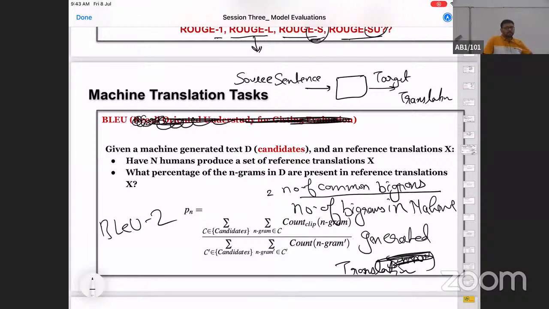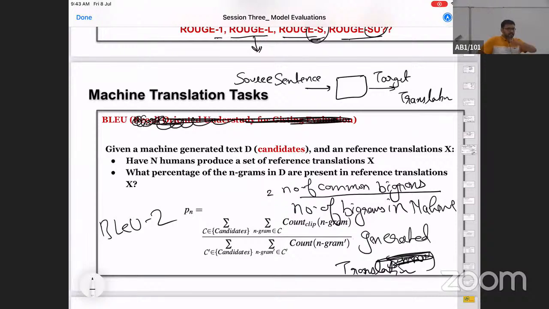Okay. So the Rouge metric, we used to call it a recall based metric, and this BLEU, we used to call it a precision based metric. Why so? Can you give me the answer? I will anyway tell you if you cannot. Why are you calling BLEU a precision based metric, and Rouge a recall based metric?